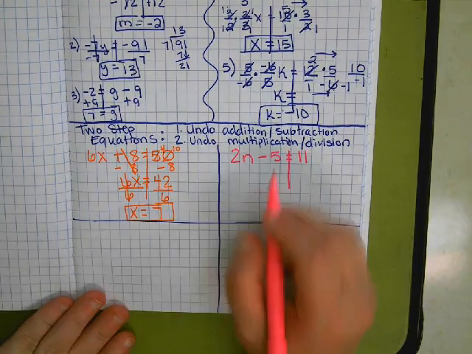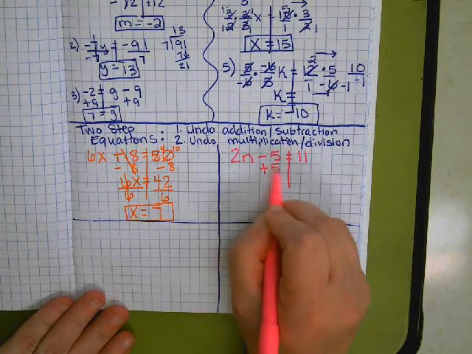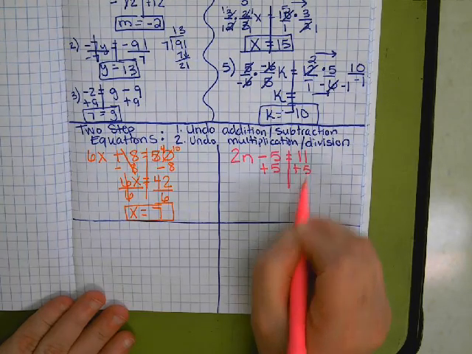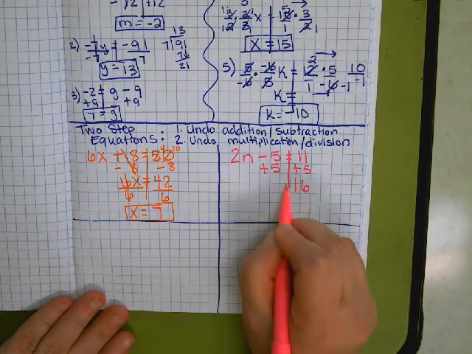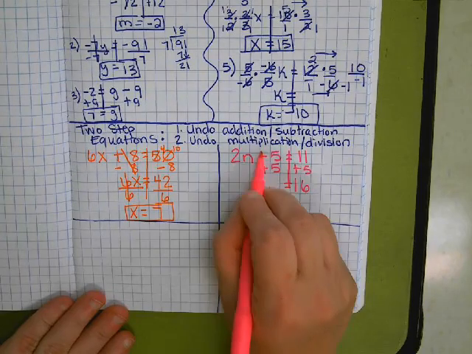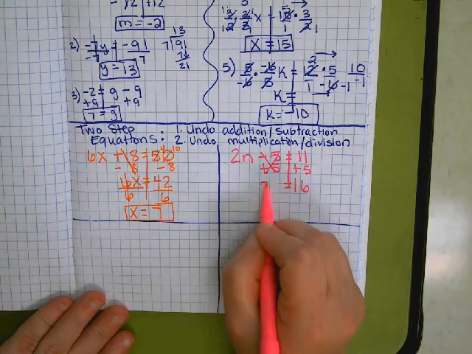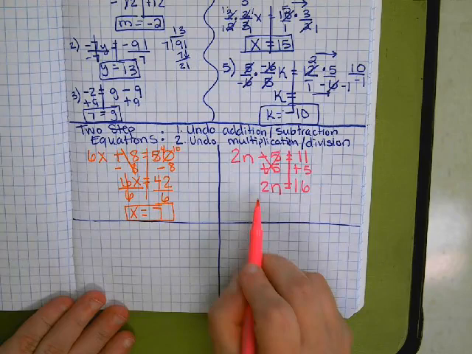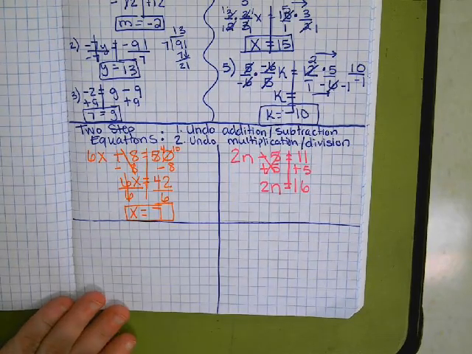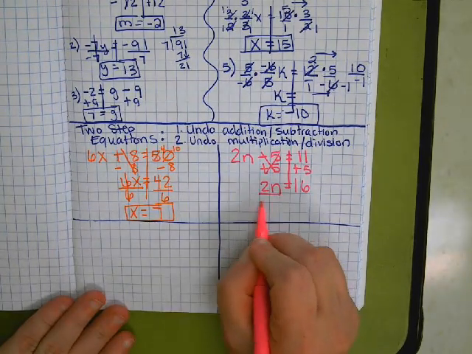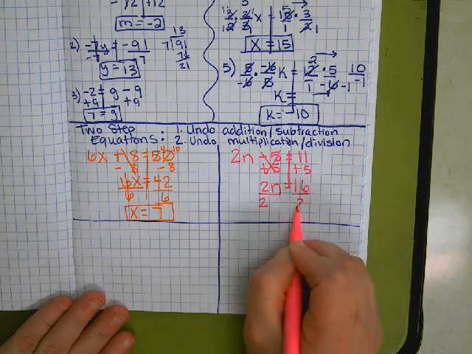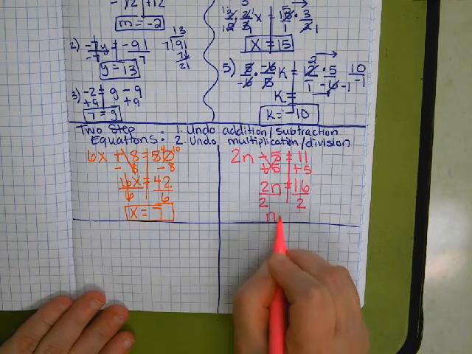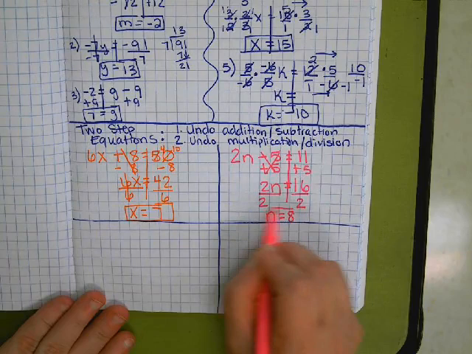To get rid of a minus 5, we add 5. 11 plus 5 is 16. A negative 5 and a plus 5 goes away. And I'm left with 2n. A number and a letter touching means multiplication. So I've got to divide by 2 on both sides to get n equals 8.